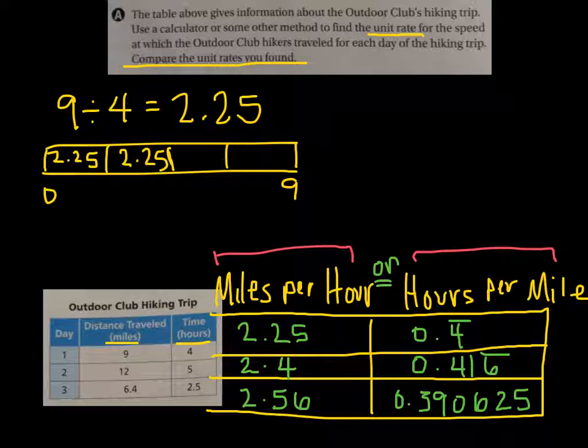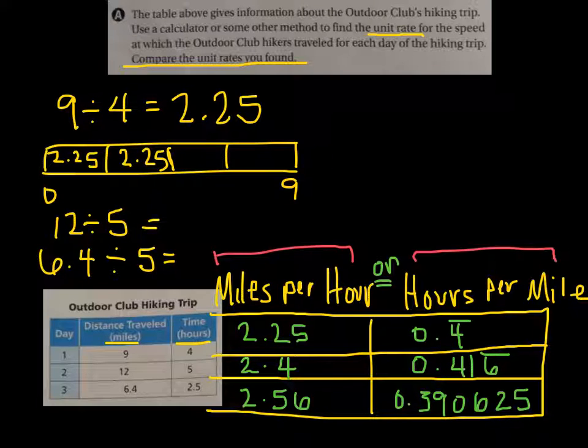So, you can then go forward and do the same thing with 12 divided by 5 and 6.4 divided by 5. With 12 divided by 5 being 2.4 and 6.4 divided by 5 equaling 2.56, all of which is represented right here in this chart, table, graph thing.